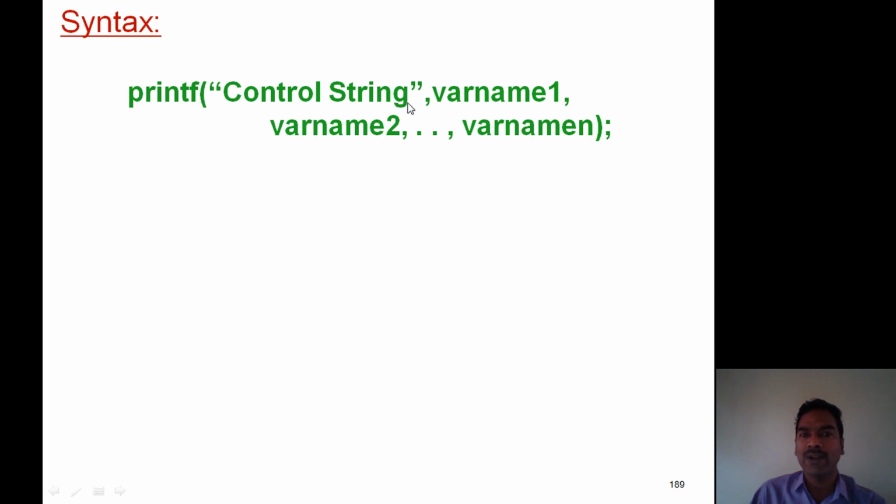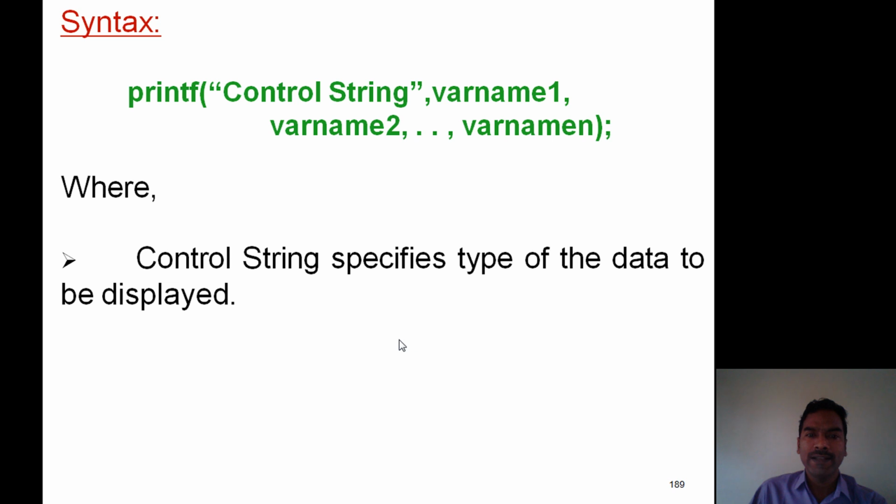One part is a control string within double quotation marks, comma, then variable names like variable name 1, comma, variable name 2, comma, and so on, variable name n. Here, the control string specifies the type of the data to be displayed. Okay, the supporting variable names are available.